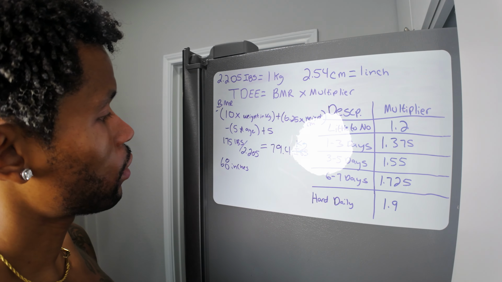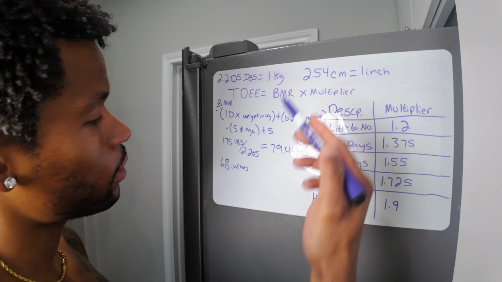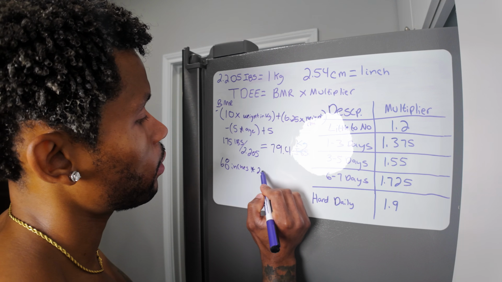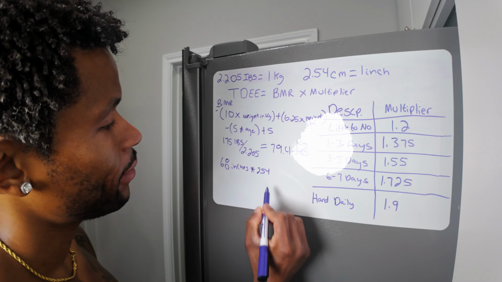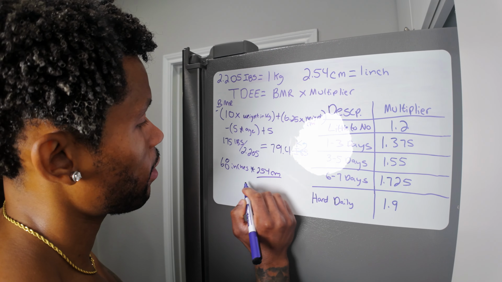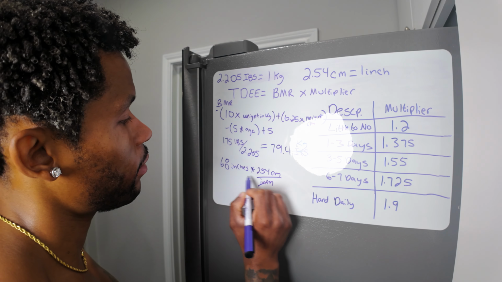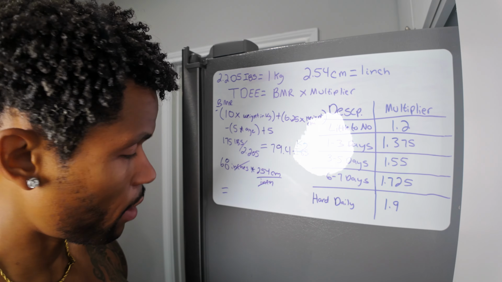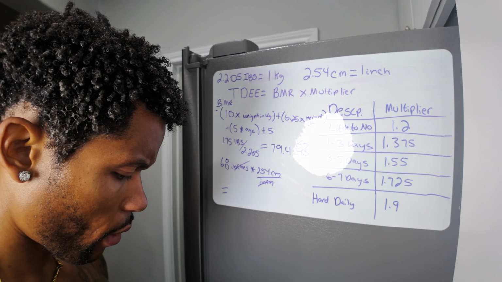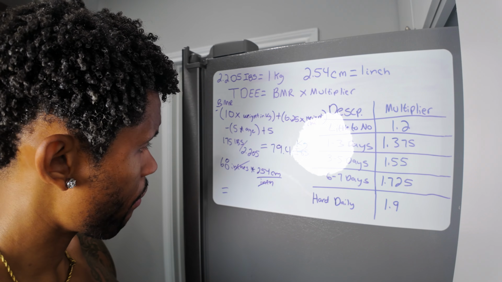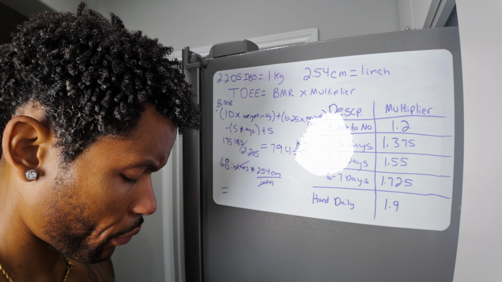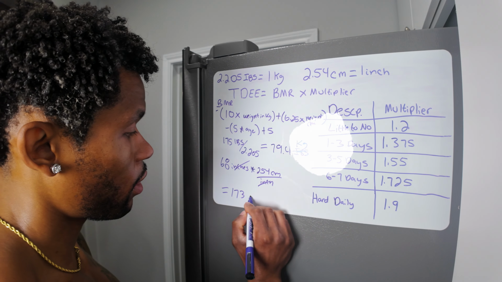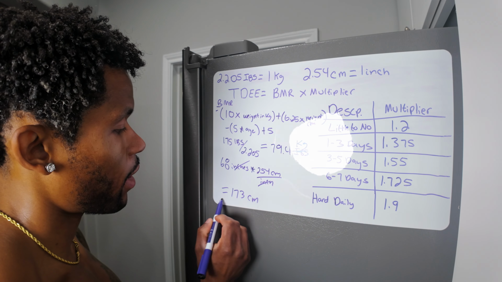Obviously I want to convert that to centimeters, so I'm going to multiply that by 2.54 centimeters per inch. Inches cancel out, and I'm going to get a height of about 173 centimeters.